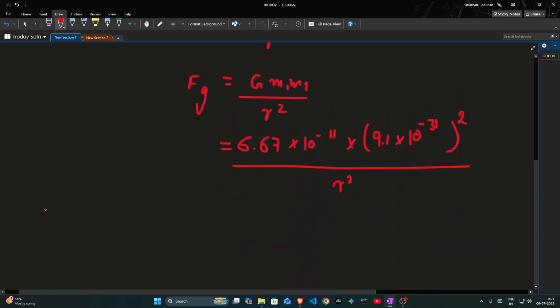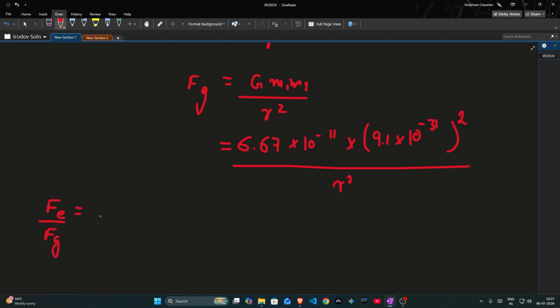So we have to calculate the ratio, k upon this part.